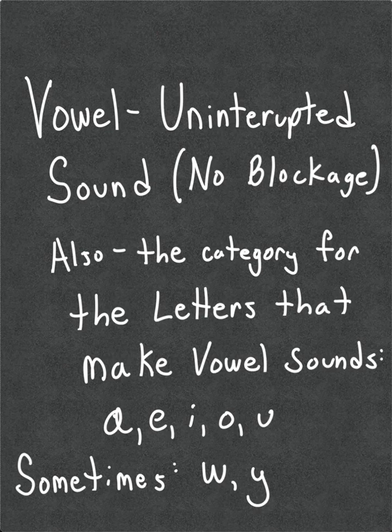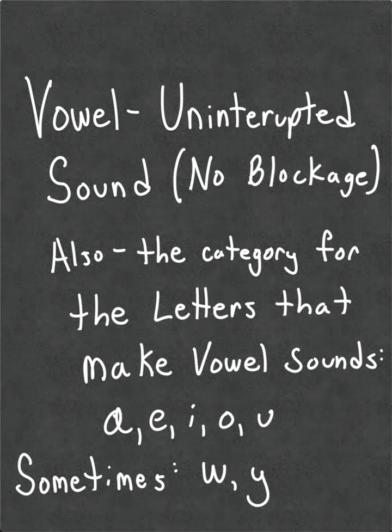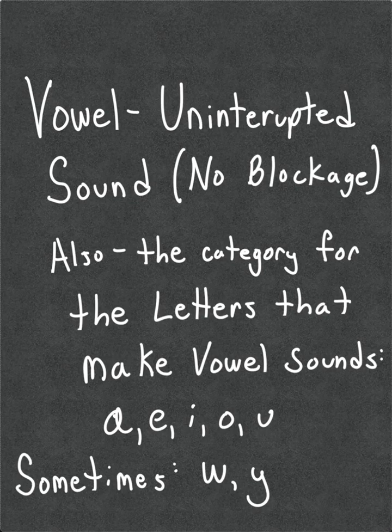So to really exaggerate the English vowels, A, E, I, O, U, and sometimes W and Y, you can say the vowel sound indefinitely. As long as you have breath, you can say a vowel, as opposed to a consonant.